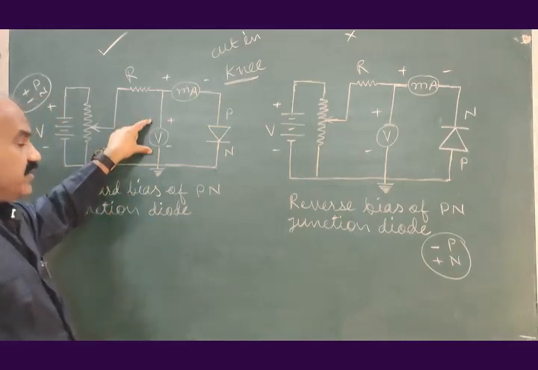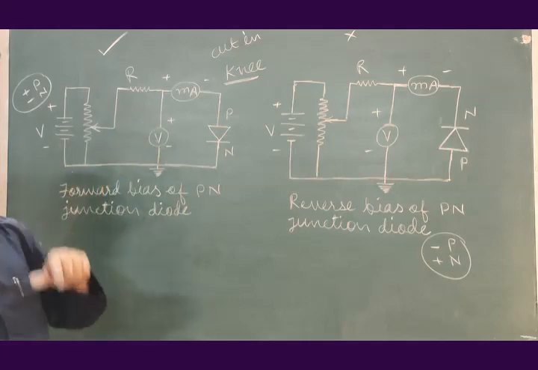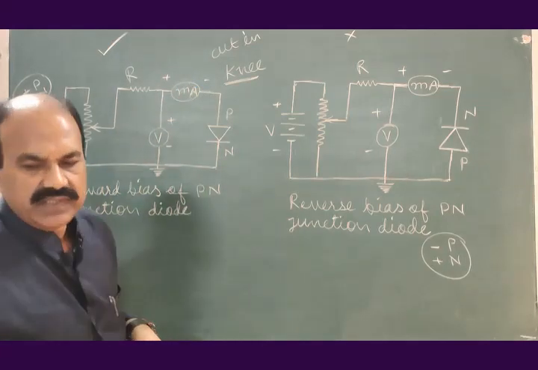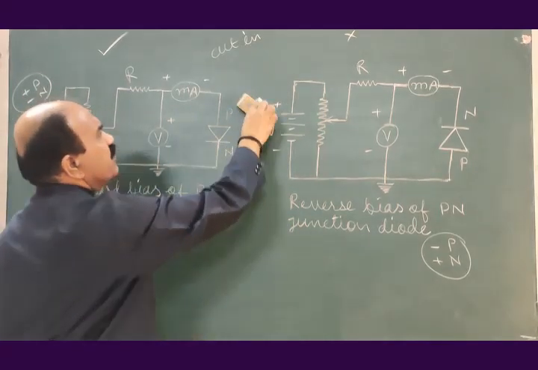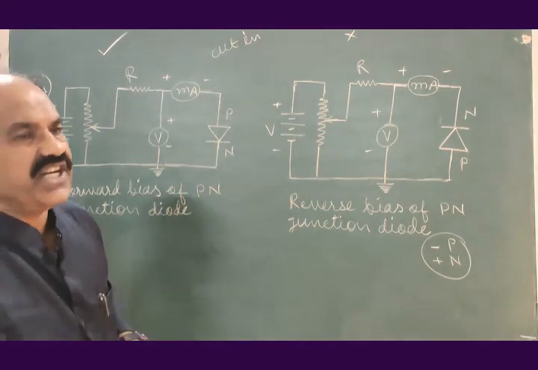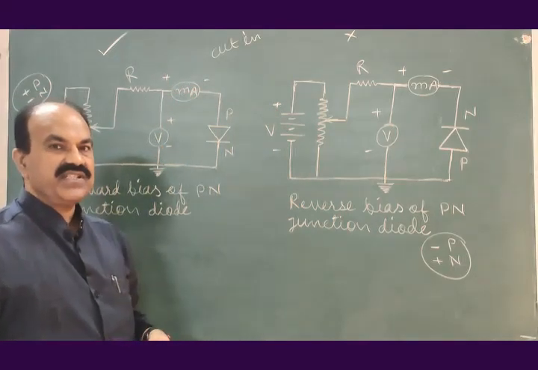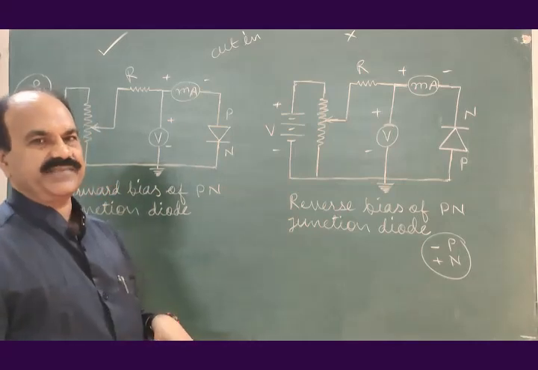As soon as the voltage shown by this voltmeter is equal to the barrier potential or the cut-in voltage, let me avoid the use of knee voltage here. Instead, let me call it cut-in voltage, the voltage from where the diode starts conducting current.